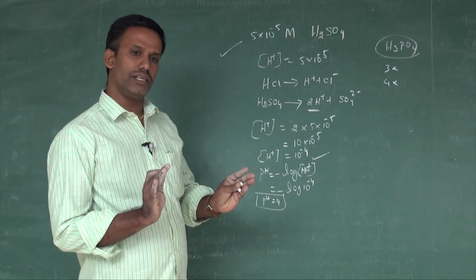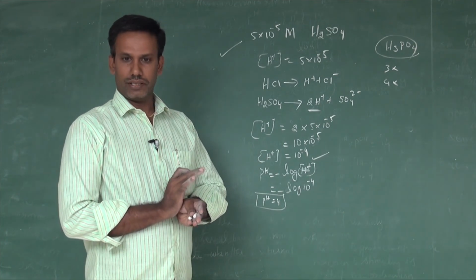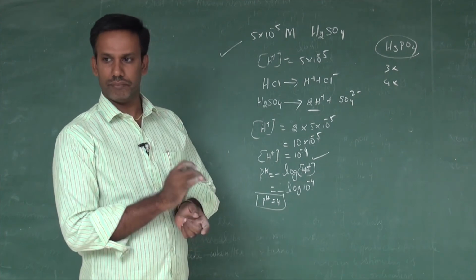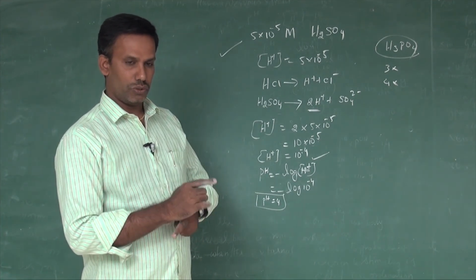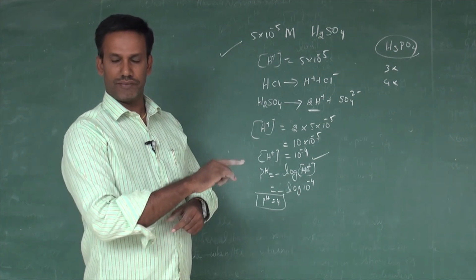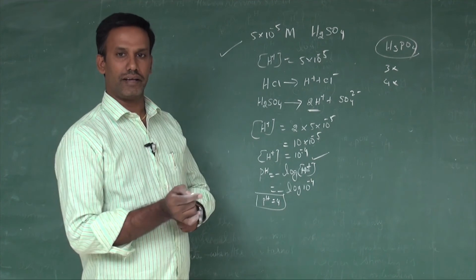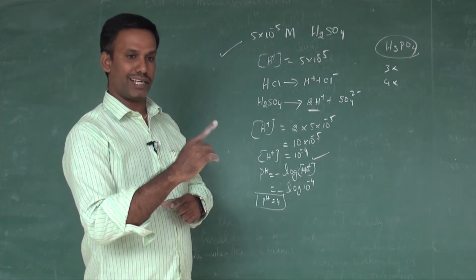In the same way for bases also. If NaOH is given, directly you can take the OH minus ion concentration. If barium hydroxide is given, it is a diacidic base, so the given concentration should be multiplied by 2. If aluminium hydroxide is given, you should multiply by 3, because it is a triacidic base.